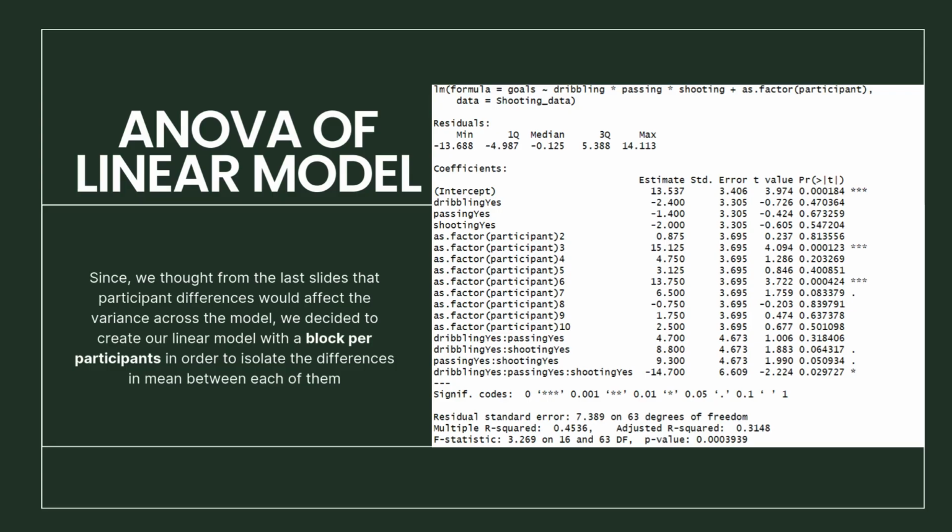In regards to this issue, we came across in the latest slide, we decided to implement blocking on participants in order to estimate the average difference in means of goals scored between the participants.